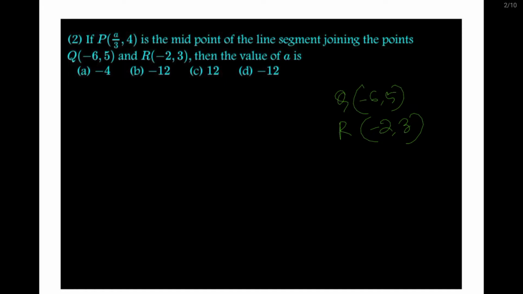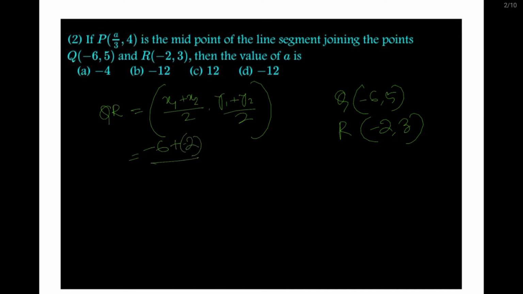So if we find the midpoint of Q and R, we have the formula: (x1 plus x2) divided by 2 and (y1 plus y2) divided by 2. x1 plus x2 will become -6 plus -2 divided by 2, and y1 plus y2 is 5 plus 3 divided by 2.